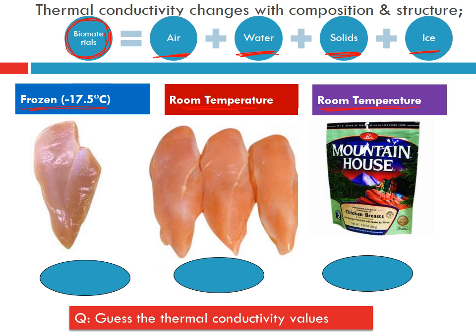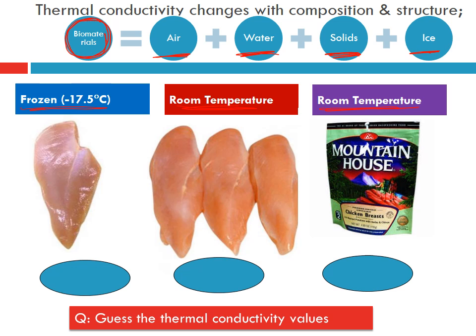One is frozen, another is just regular breast meat that is at room temperature, and this one is freeze dried, which means it's frozen and then dried, so all the water is first converted to ice and then it's sublimated, so it's gone, so there is no water in there or very little water, so it's dry.